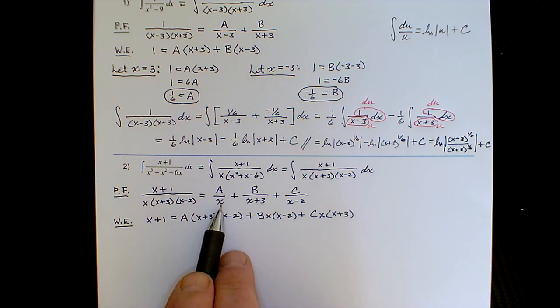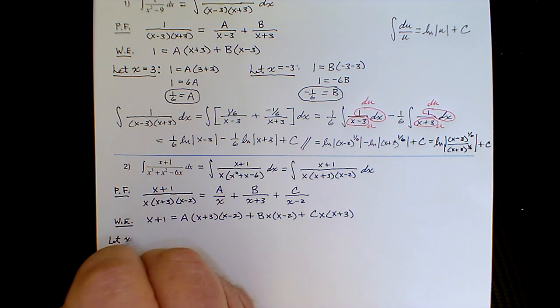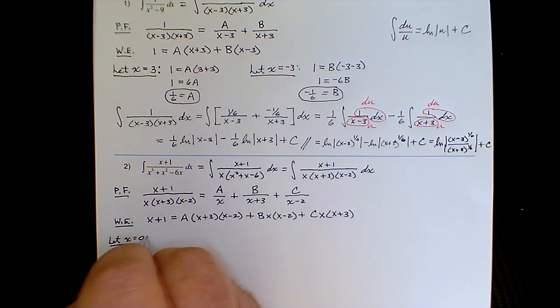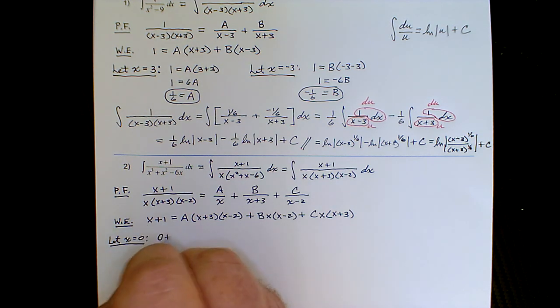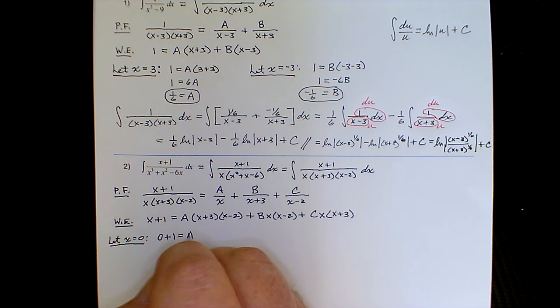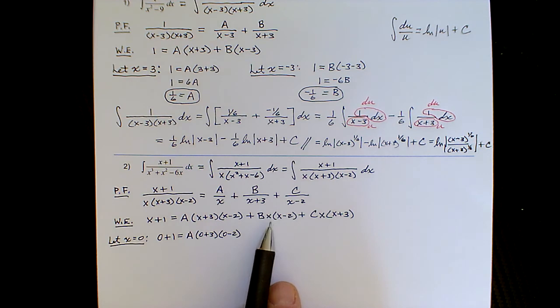Okay, so to solve for a, remember we'll look back at the original decomposition, force the denominator to be 0. So if I let x equal 0, I'm going to be able to solve for a. In the working equation, make sure you plug in on the left-hand side as well. 0 plus 1 equals a times 0 plus 3 times 0 minus 2.